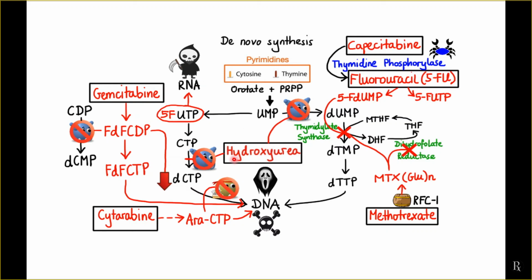Then we also have hydroxyurea that will block the ribonucleotide reductase enzyme. And then we have capecitabine. Capecitabine is also a prodrug because 5-fluorouracil is injectable only, and the bioavailability with oral administration is awful.